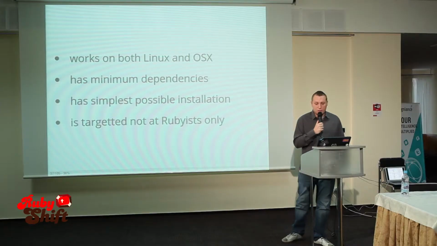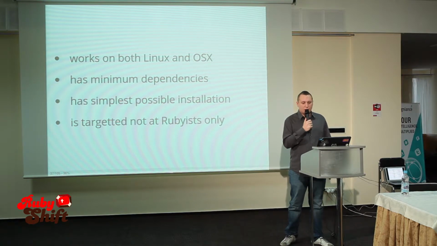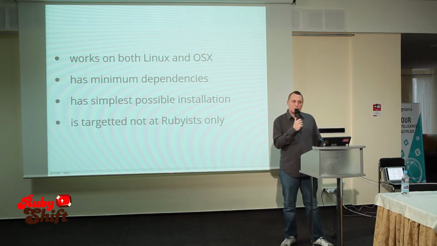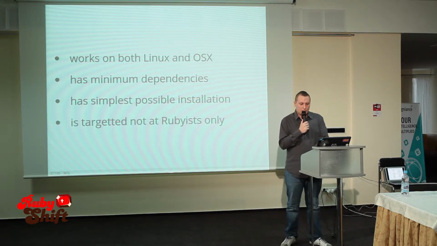And I didn't want to target only Ruby, because there are lots of heavy terminal users around the world who don't do Ruby. There are Python users and system administrators and other people who use the terminal daily and would benefit from such a tool, but they wouldn't use it if I targeted only Rubyists.